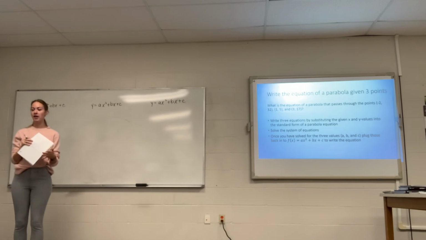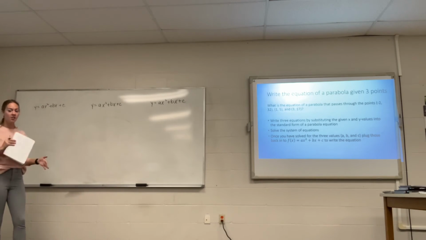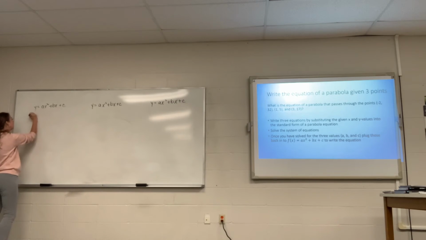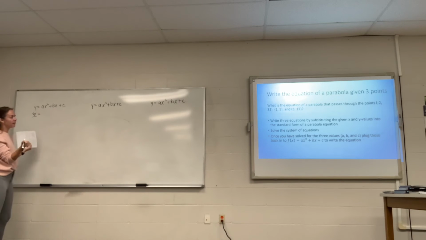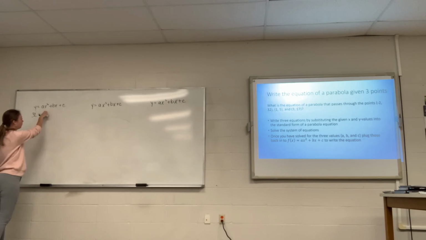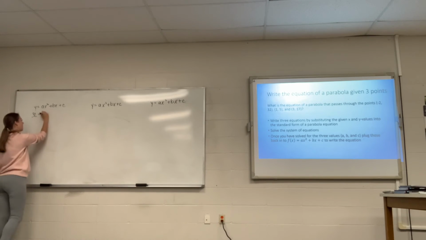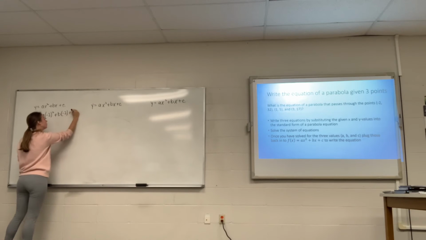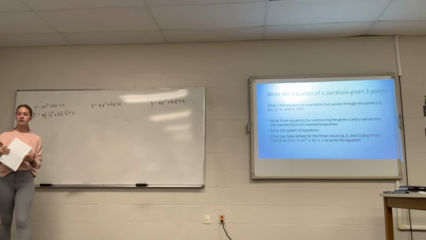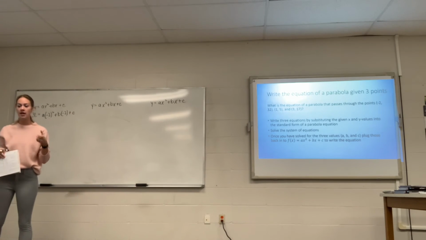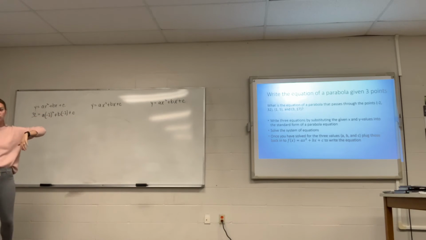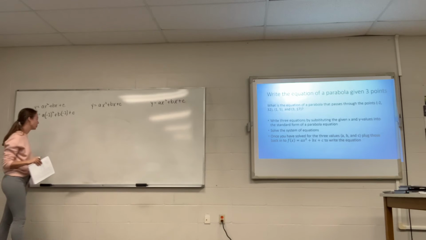The first one, I have the point -2 and 32. So I can plug the 32 in for my y, and then I can plug the -2 in for both of my x's. So I would have a times -2 squared plus b times -2 plus c. I take that first set of points, put the 32 in for my y, and put the -2 in for my x's in my equation.